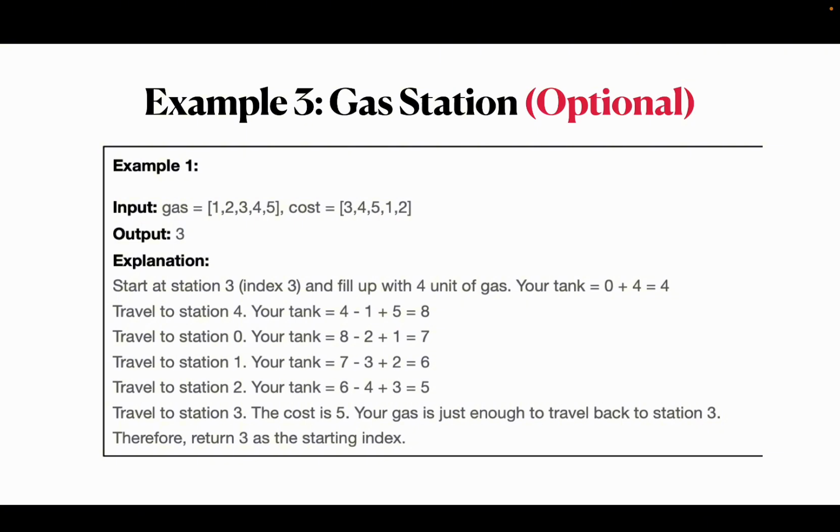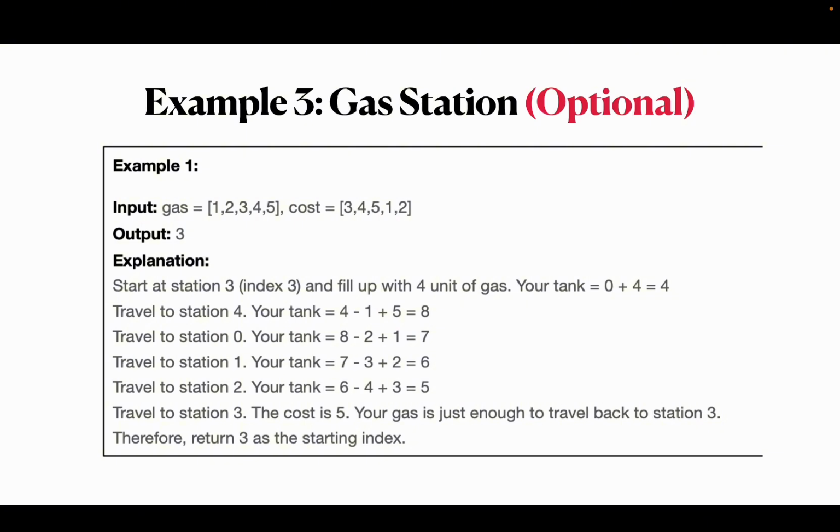Then, since we reach the end of the gas array, to make a circuit around, we start from index 0, or station 0. The current tank will be 8 minus 2 plus 1, that is equal to 7. Then we move to station 1, and the tank will be 7 minus 3 plus 2, that is equal to 6.